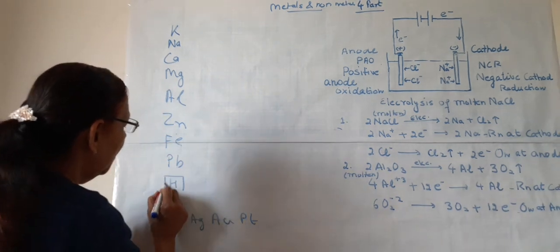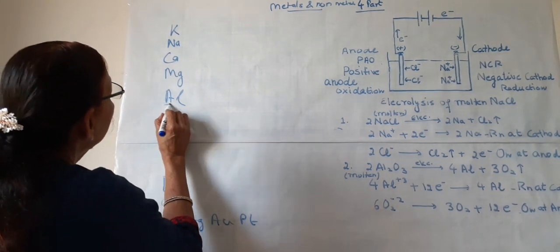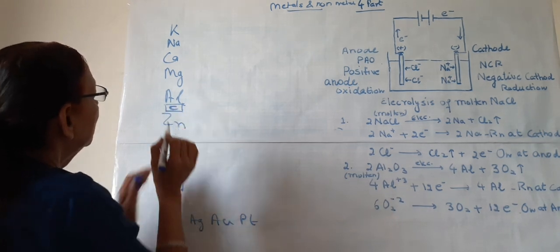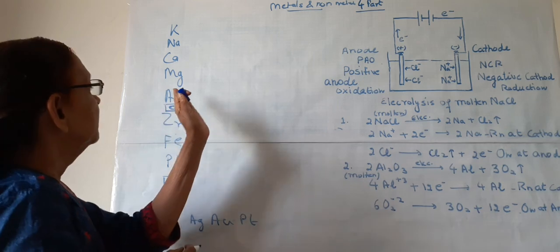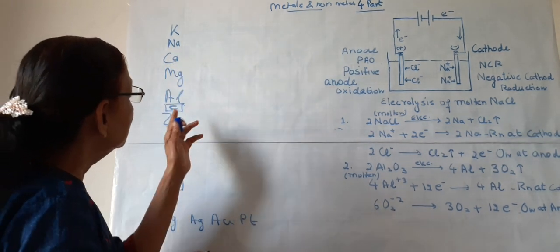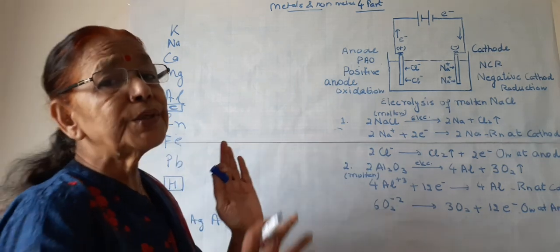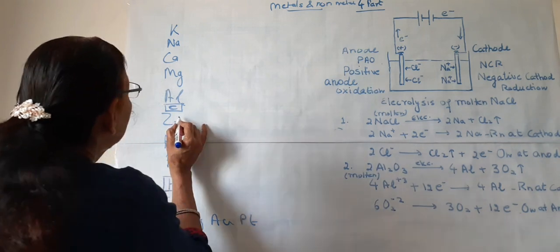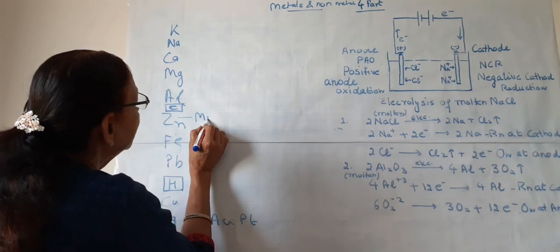This is a non-metal and we have one more non-metal here, carbon. After aluminium, we have carbon, a non-metal in this series, as carbon is used in the metallurgical processes. And I will add one more, manganese.